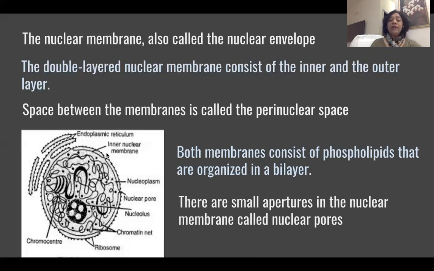On the outer layer, you can see there is a deposition of ribosomes, and the inner layer is smooth. In between the two layers, there is a space, and this space is called the perinuclear space. You can find there are apertures on the nuclear envelope, and these apertures are called the nuclear pore.